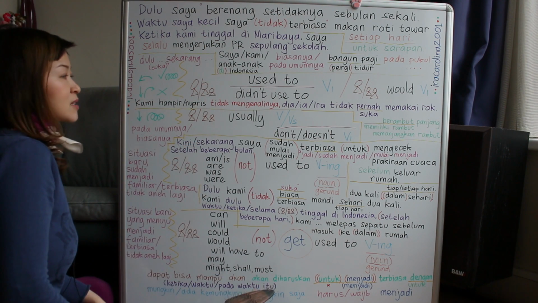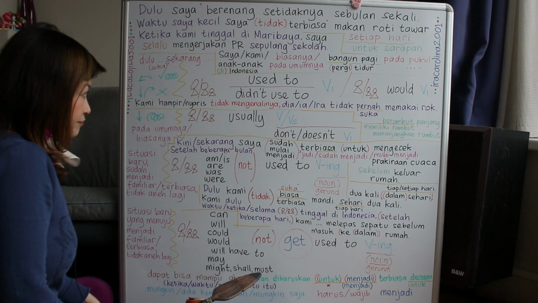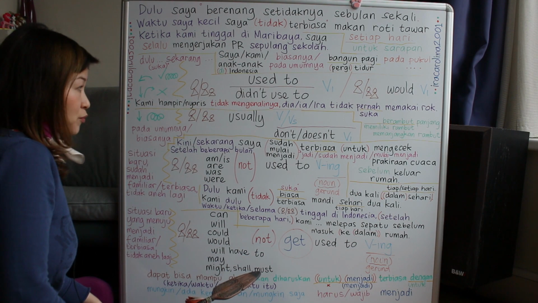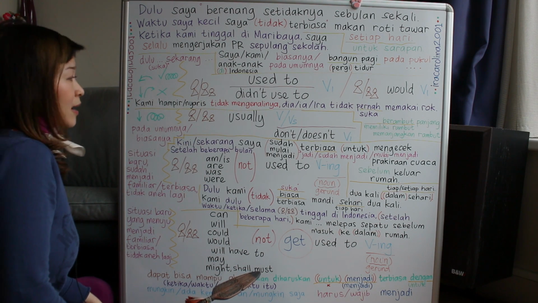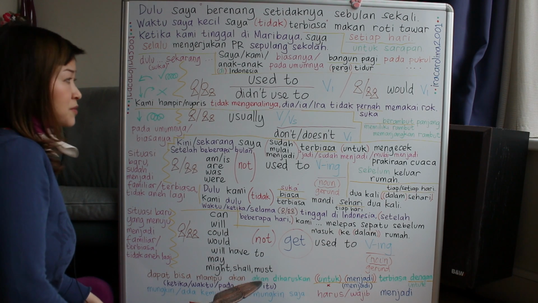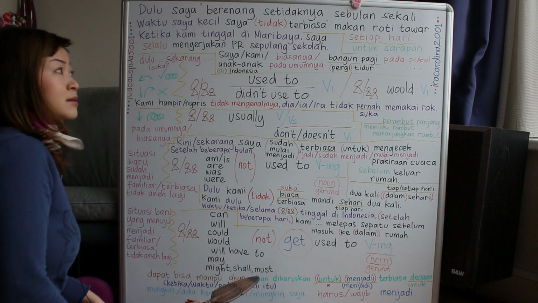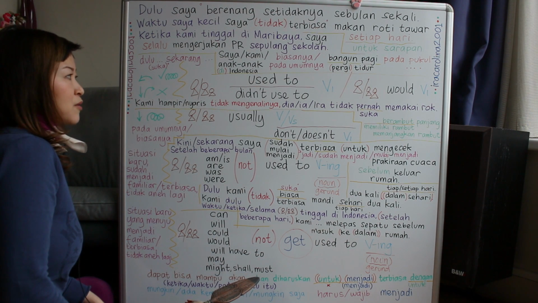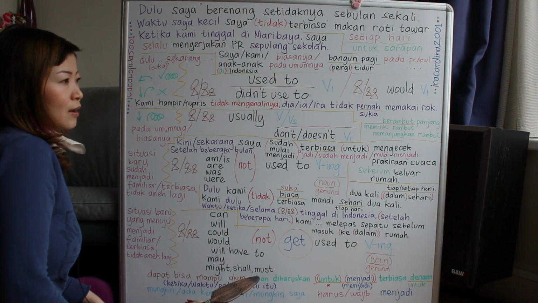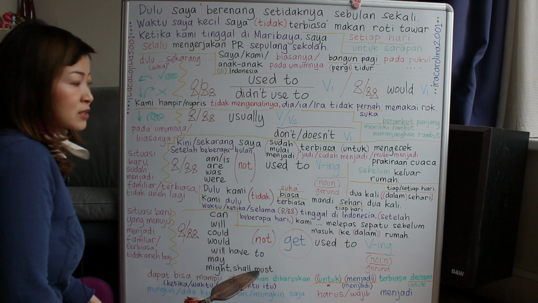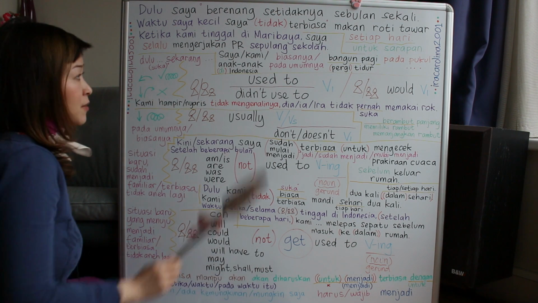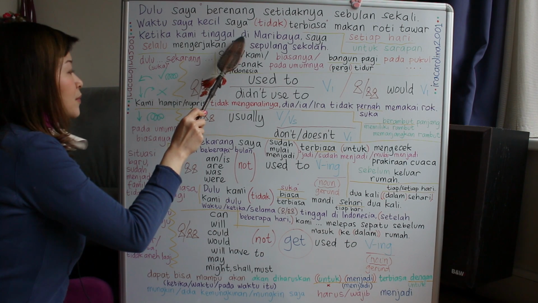Child is anak. In this case, we have to say it as anak-anak. Children. Di can be in. That's why I keep making mistakes with in or at, because in Indonesian language, we put the same word for them.